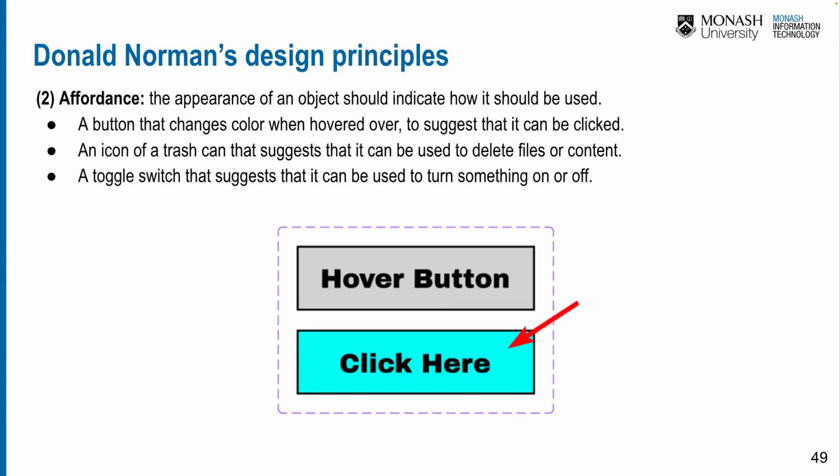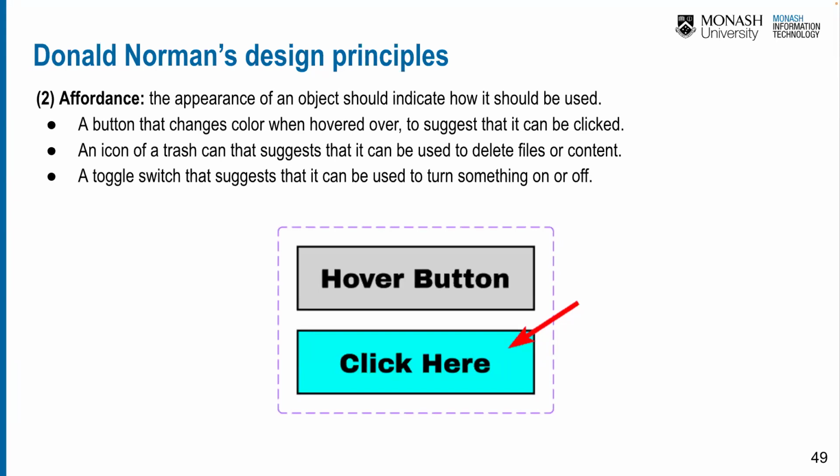Affordance talks about the appearance of an object. It should indicate how it should be used. That means when you hover over a button and it changes color, a button that changes color when hovered suggests that it can be clicked. This is an example. Okay, it is affordant. An icon of a trash can suggests that it can be used to delete files or content.